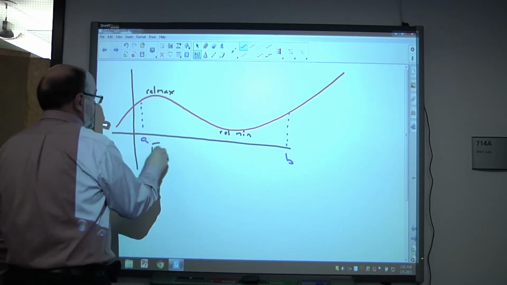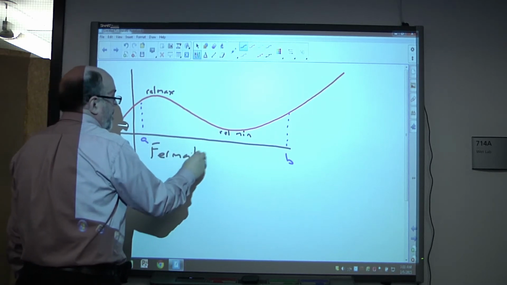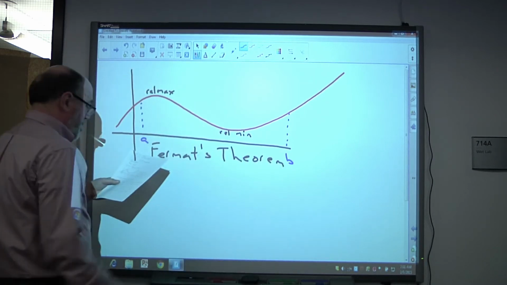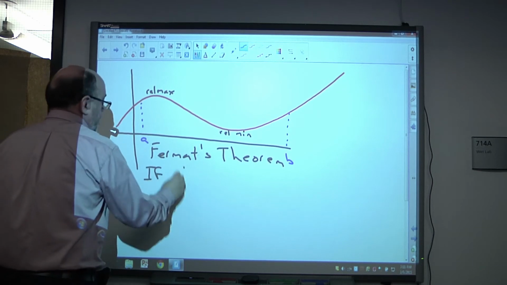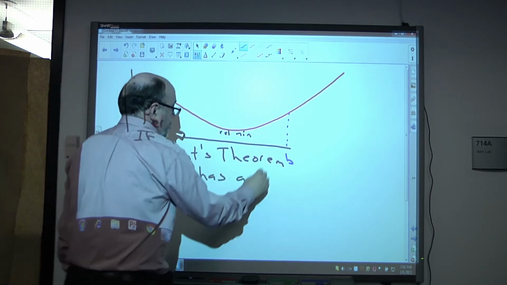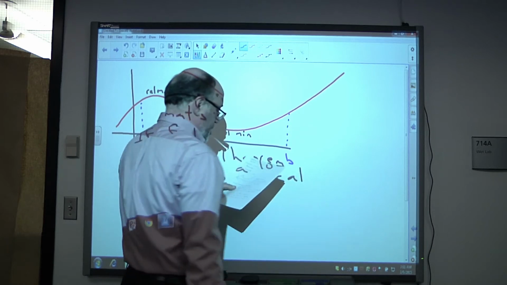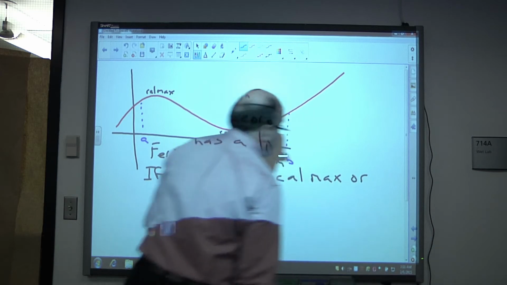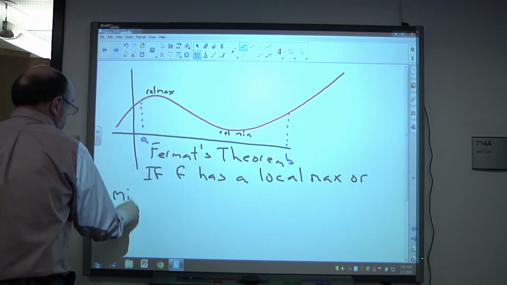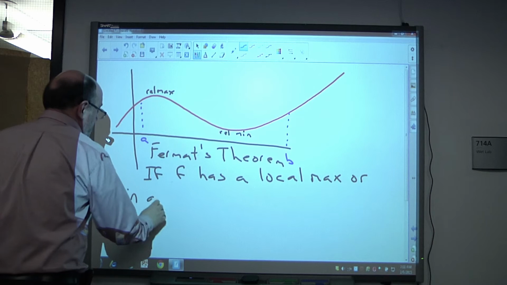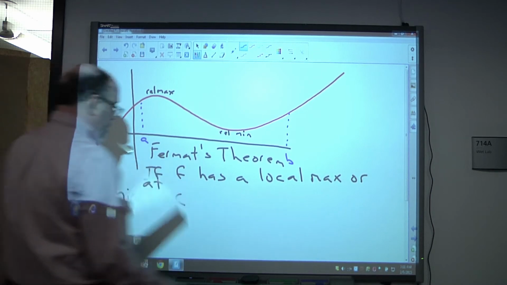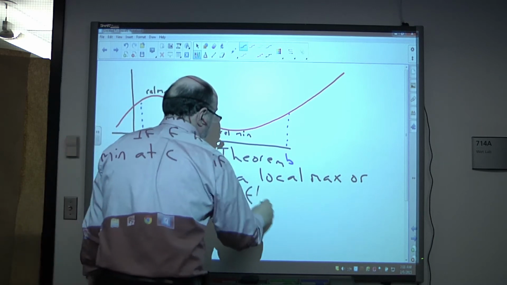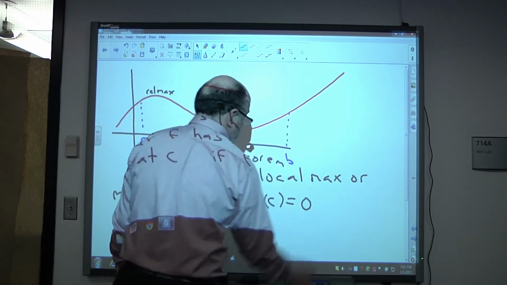So you get in terms of Fermat's theorem, which states if f has a local max or min at c, then the derivative evaluated at c is equal to 0.